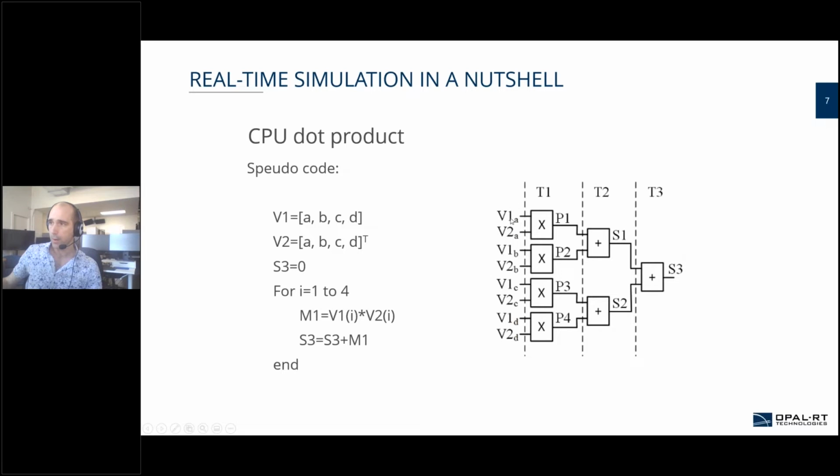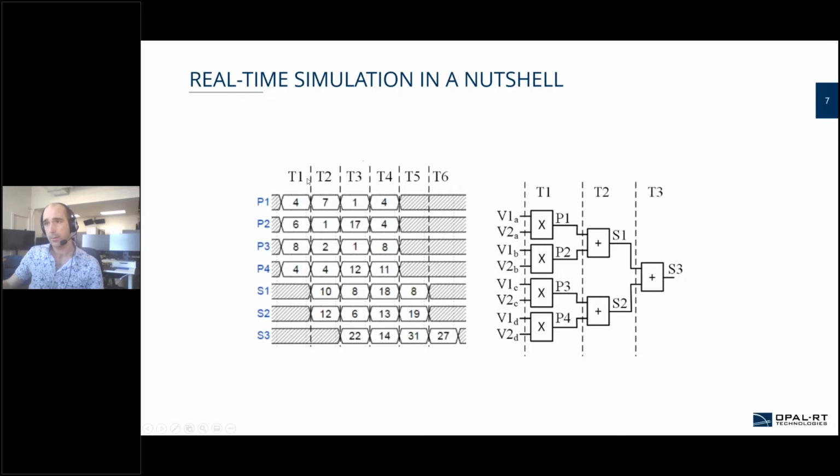So you would have all the different values from the different vectors multiplied at the same time. After one step or a certain amount of time, the result is available at the output of each multiplier. Then you can sum them up, and after one more step you have the result. So the main idea behind this is that we can now use pipelined computation. At T1, we have those different values at the input of the dot product.